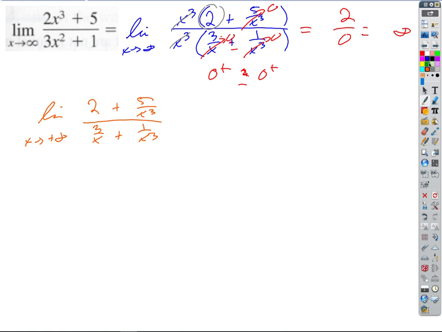All we got to do is just look at that part, right? That's the only part that's going to matter. That's the dominant term on the top function. That's the dominant term on the bottom function, because those are the highest powers of x.